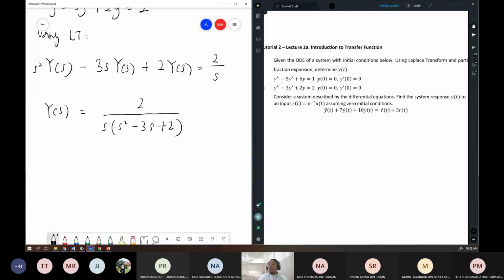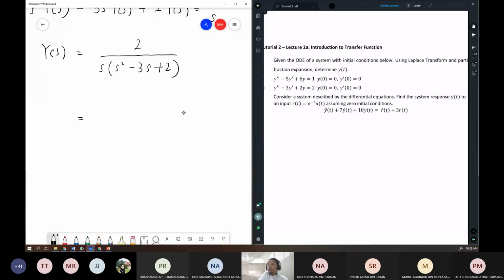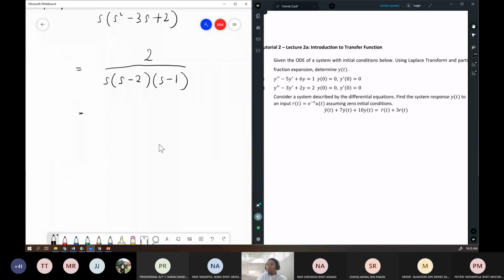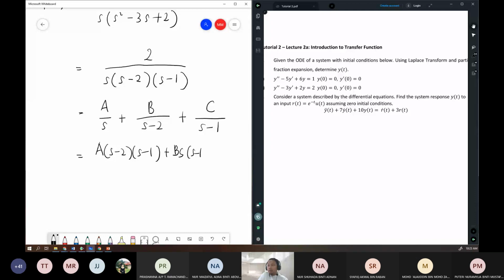Then factorize the denominator, and then split them into 3 fractions.